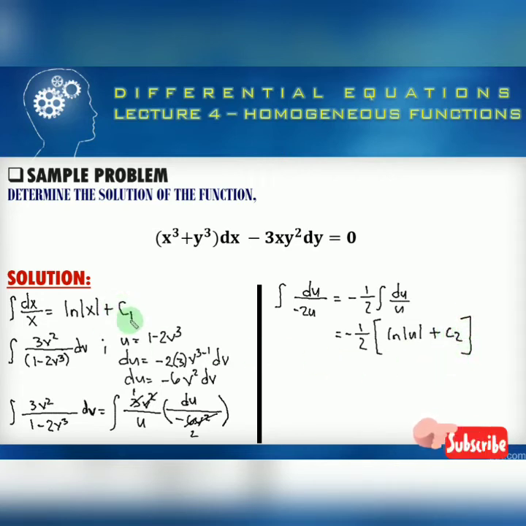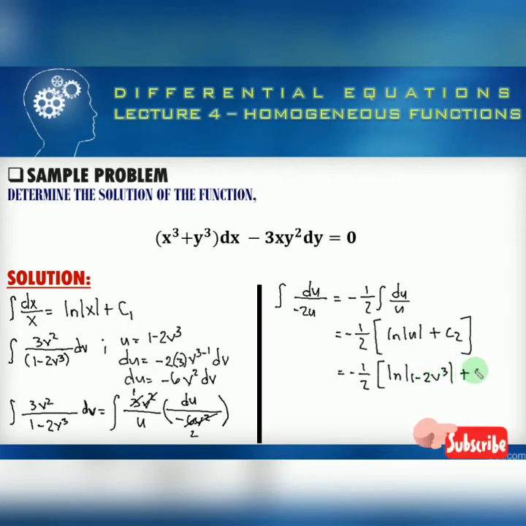Okay, so simplifying, this is equal now to negative 1/2, and then we substitute the value of our u, which is 1 minus 2b cubed, so this is ln of 1 minus 2b cubed, plus c2.